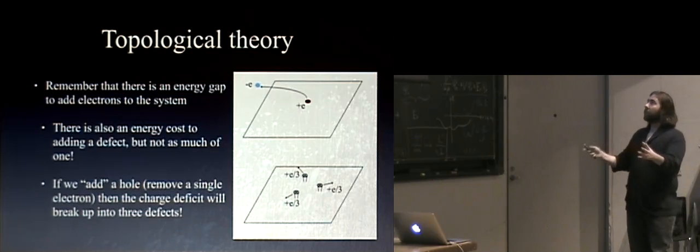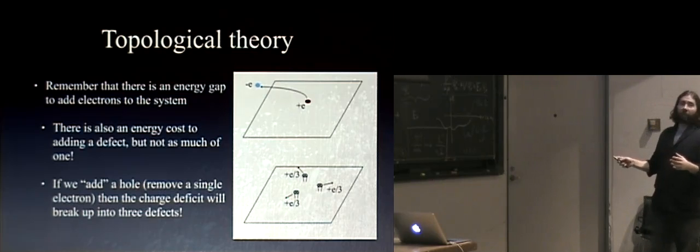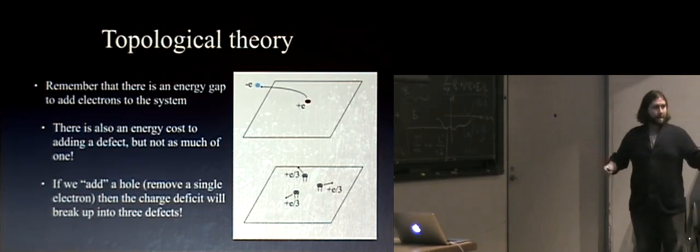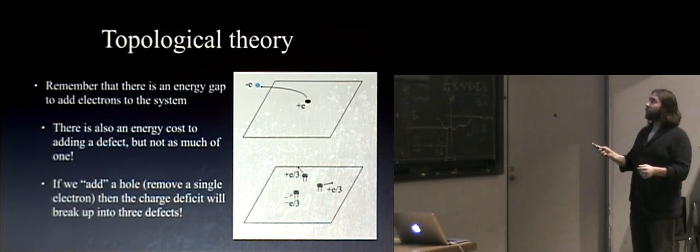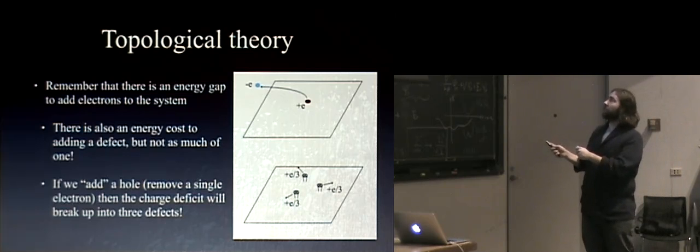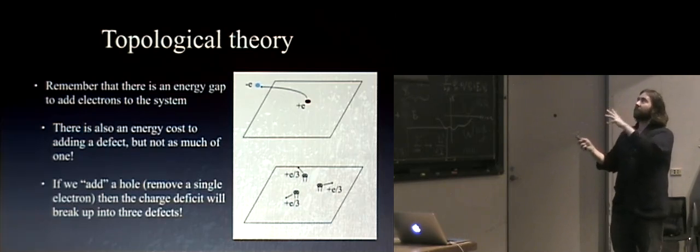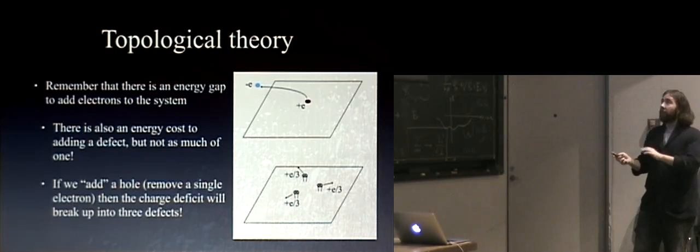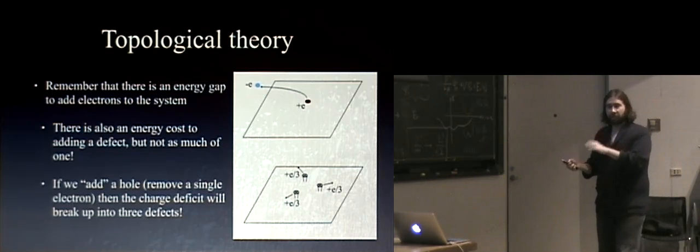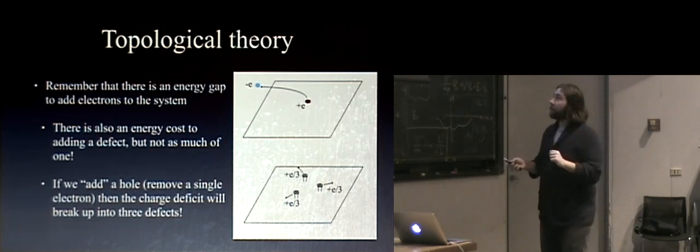It wants to split into 3 different defects that then go off on their merry way. So in this way, you really can't actually construct these guys. I mean, it's of course experimentally more nuanced than this, but these are real excitations of the system, right?